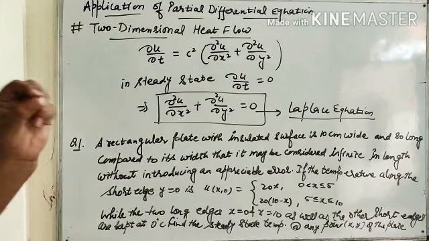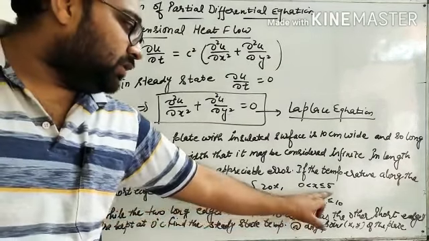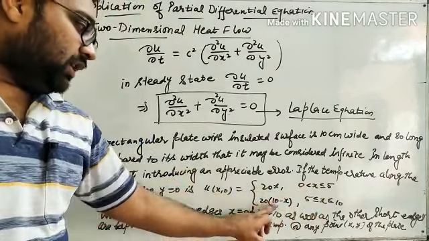If the temperature along the short edge y = 0 is u(x,0) = 20x when x lies between 0 to 5 and 20(10 − x) when x lies between 5 to 10, while the two long edges x = 0 and x = 10 as well as the other short edges are kept at 0. Find the steady state temperature at any point (x,y) of the plate.